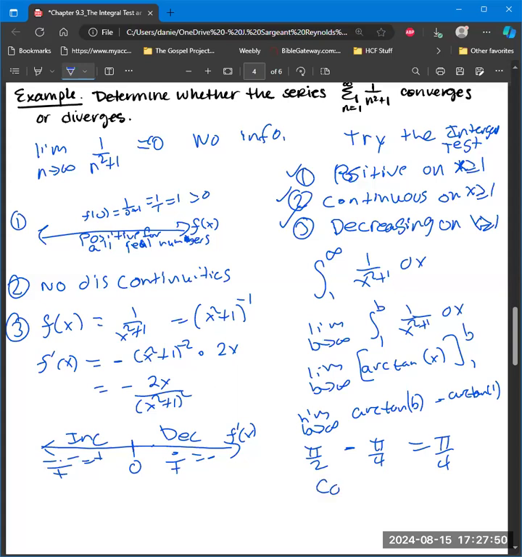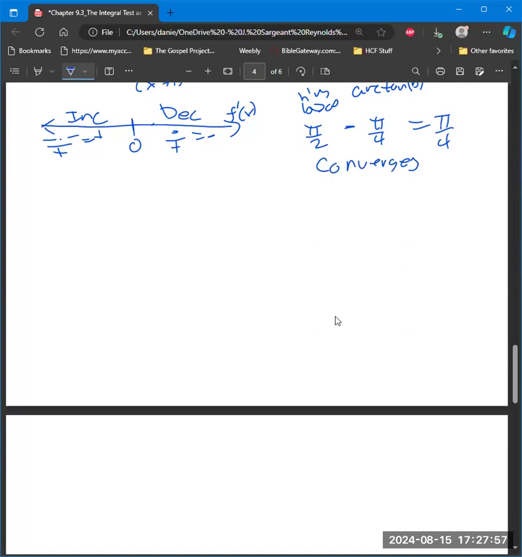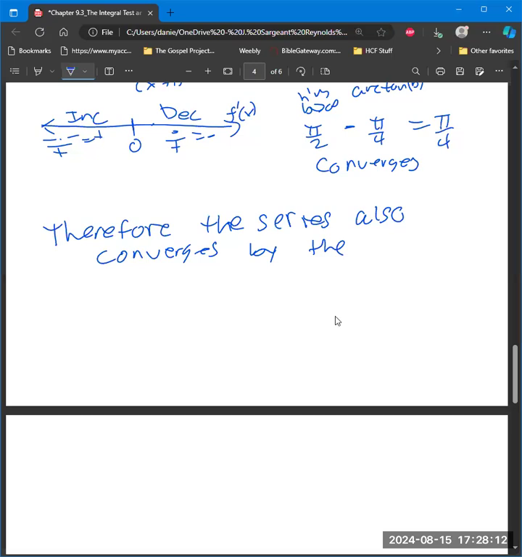So this converges. Therefore, the series also converges by the integral test.